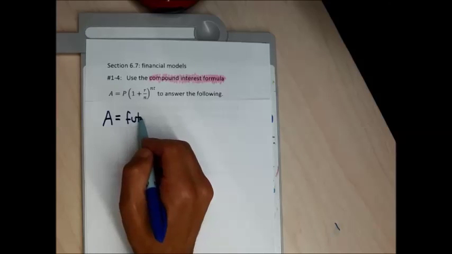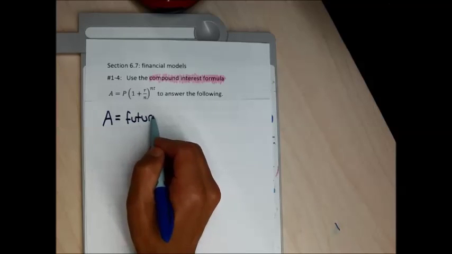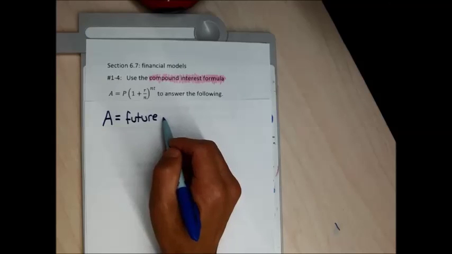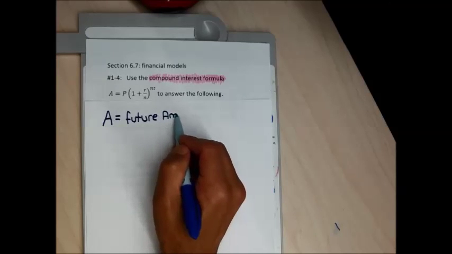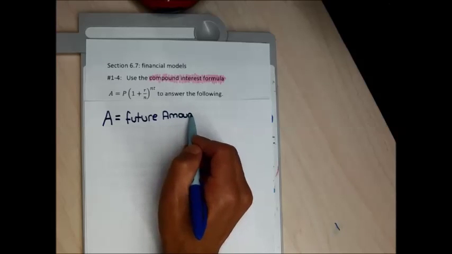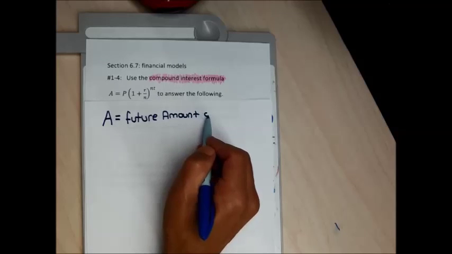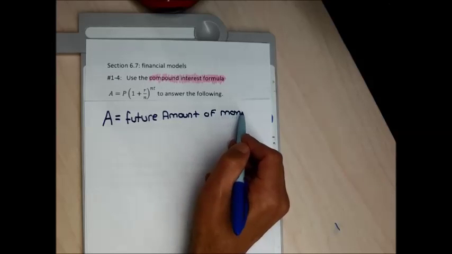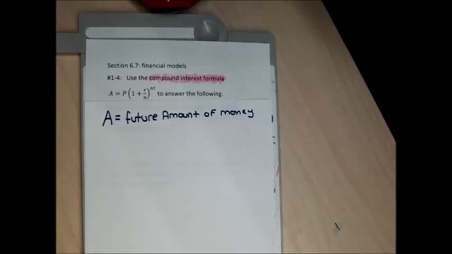So this formula can be used if you start with a certain amount of money and you invest it at a certain interest rate for a certain length of time. It can predict how much money you're going to have in the future. And the A in the formula is the future amount of money.